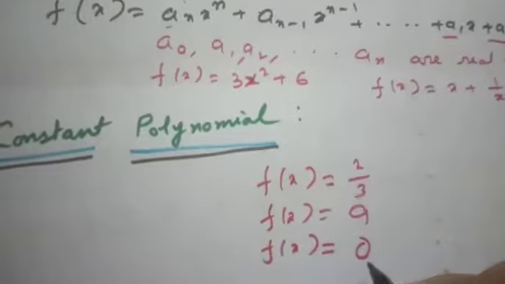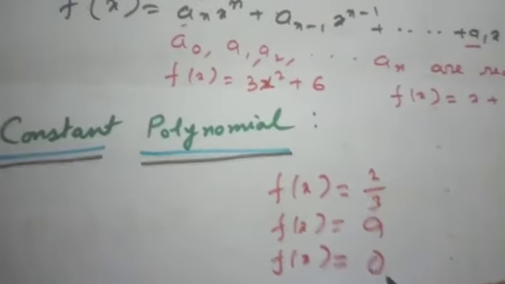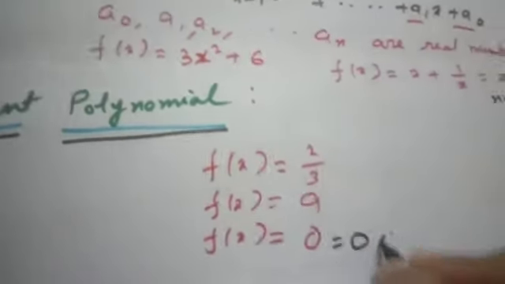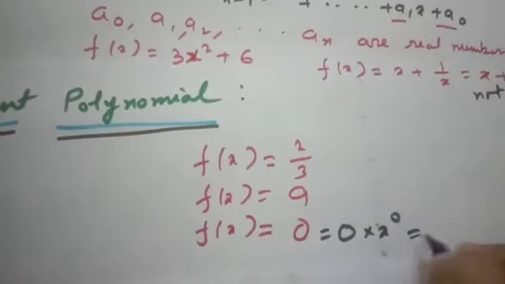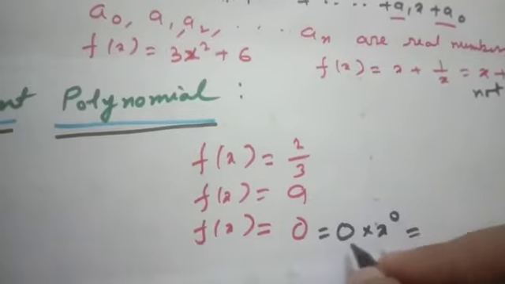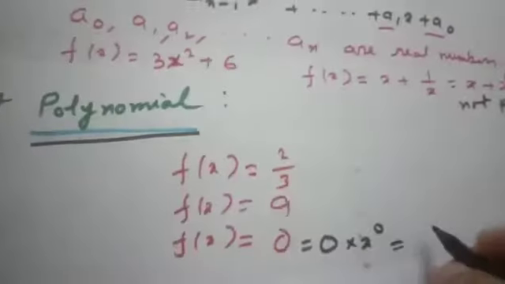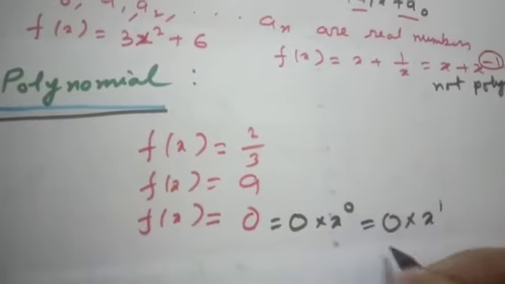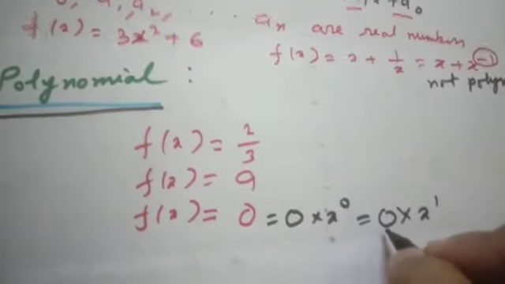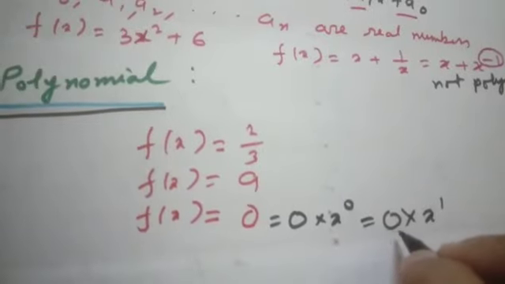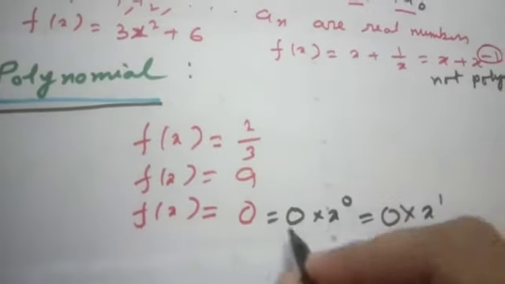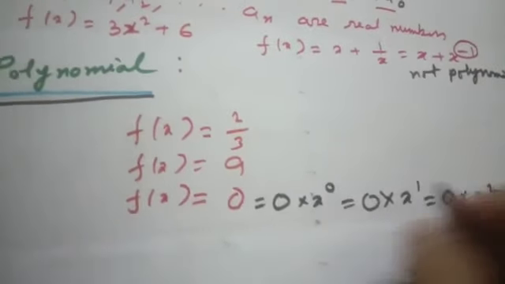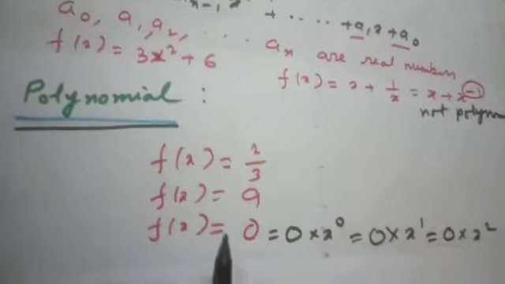Here 0 is a constant term, but we can write 0 as 0 into x to the power 0. x to the power 0 is 1, and 0 into 1 is 0. And we can also write 0 into x to the power 1, because if we multiply 0 by any number, then it is 0. Similarly, we can write 0 into x to the power 2, and so on.